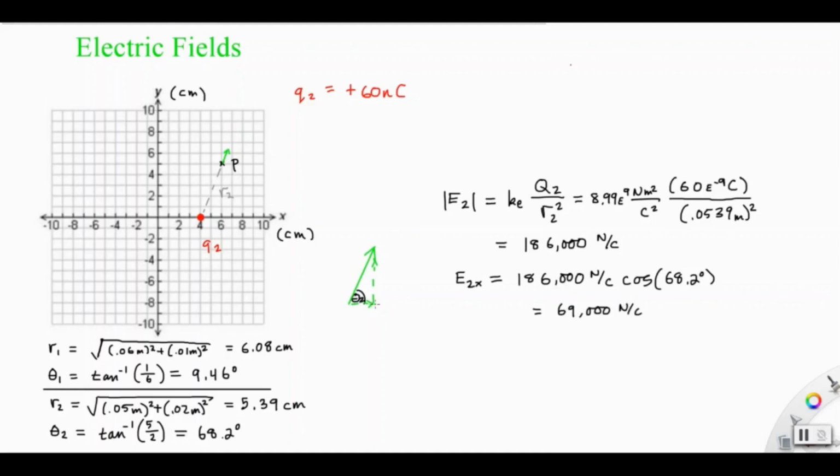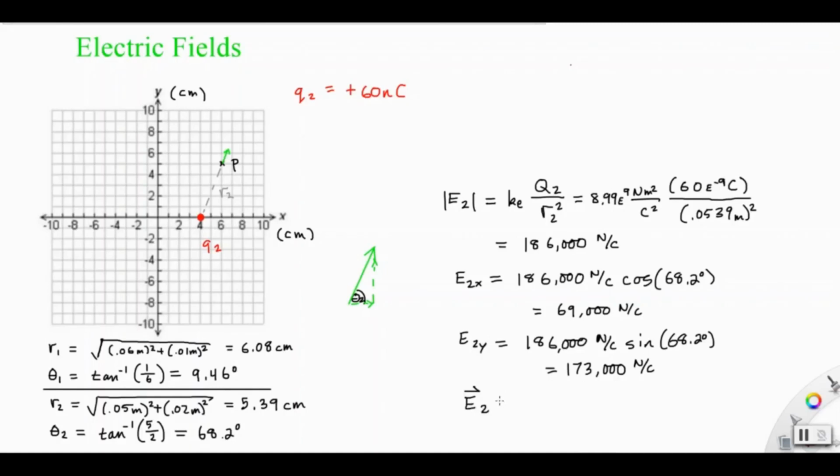And we know that this is positive because it's pointed to the right. Same process with y. 186,000 newtons per coulomb by only our vertical component, so sine 68.2 degrees. 173,000.